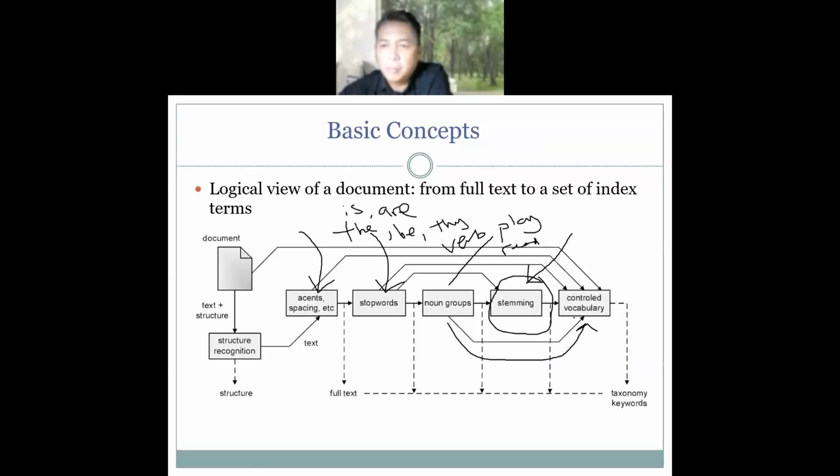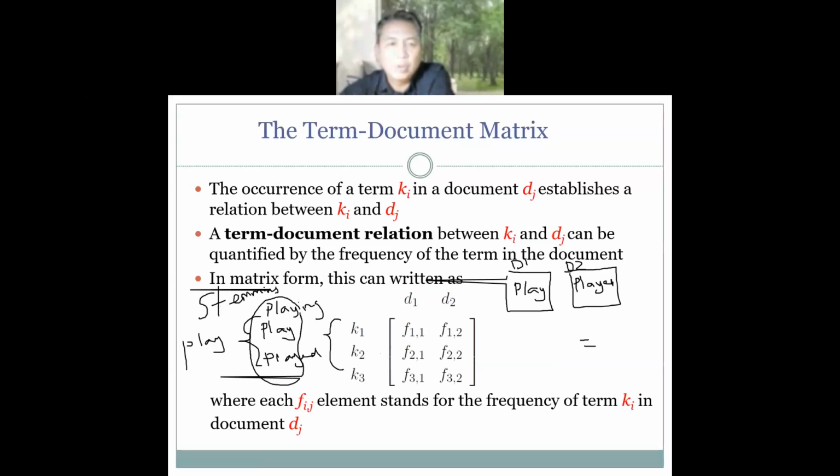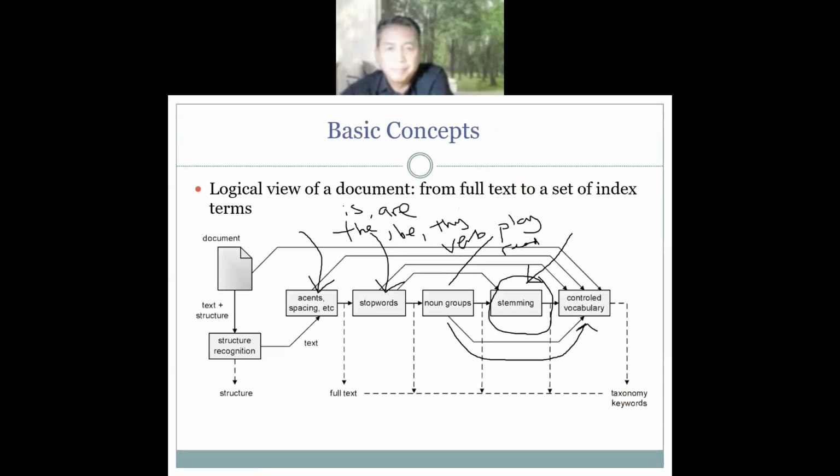Once we have this vocabulary, we can list them out here. We do not want to have so many keywords, so the main task is how to minimize the number of keywords that can be used in forming the term document relation.